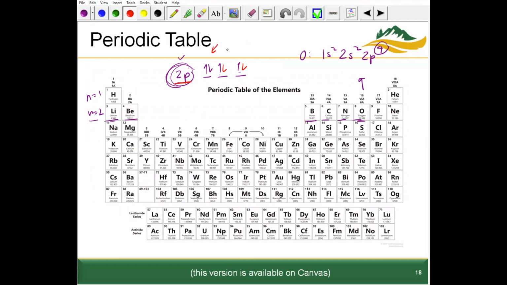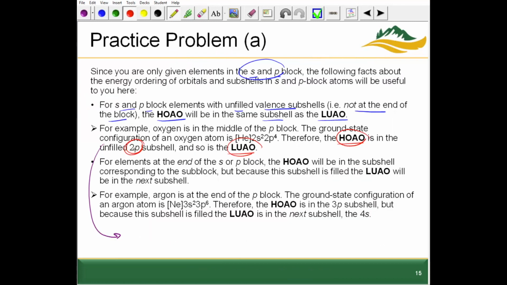So this is one orbital, a second, and a third. Within the 2p subshell, we do have these that are partially occupied. This one is fully occupied. Again, in the 2p subshell, this is unoccupied and this is unoccupied because we only have 4 electrons for neutral oxygen. So both the highest occupied orbital and the lowest unoccupied orbital fall in the 2p subshell.